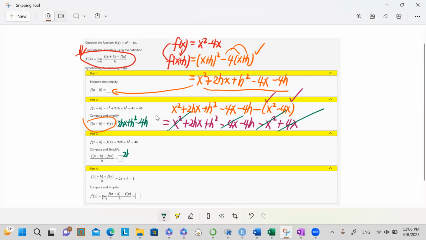So 2hx plus h squared minus 4h, divided by h. You can divide one by one. 2hx by h is 2x. h squared over h is h. Minus 4h over h is minus 4. And so we end up with this quotient. It's called the difference quotient.